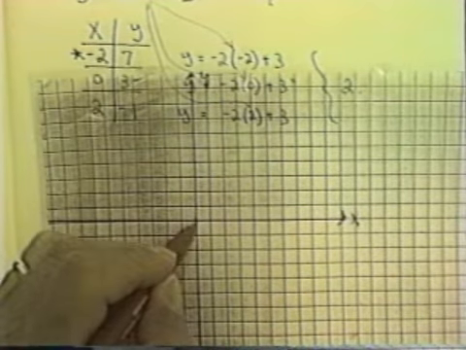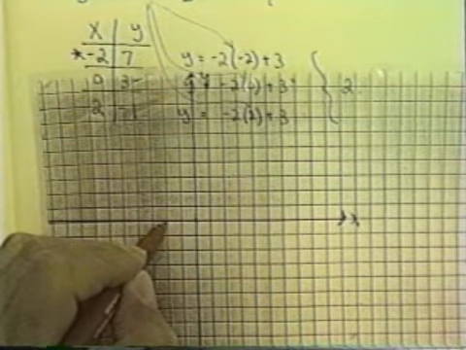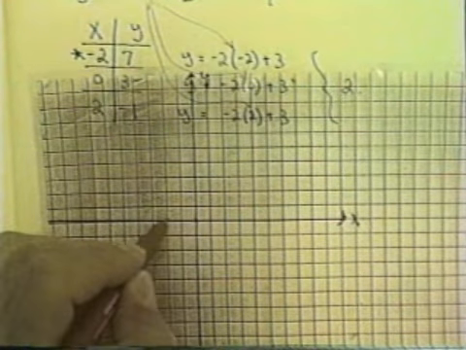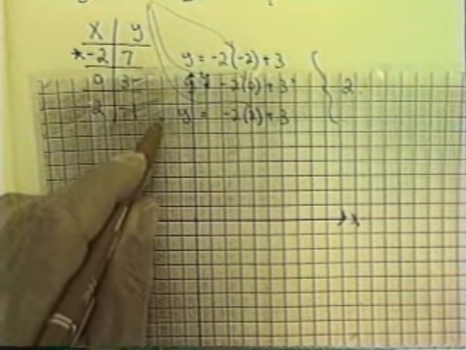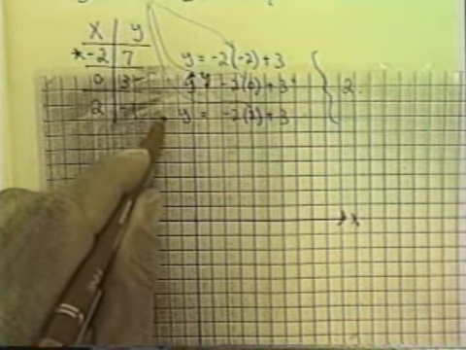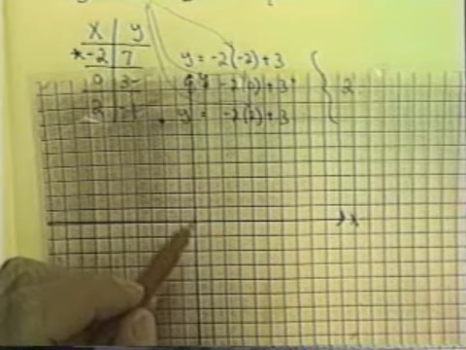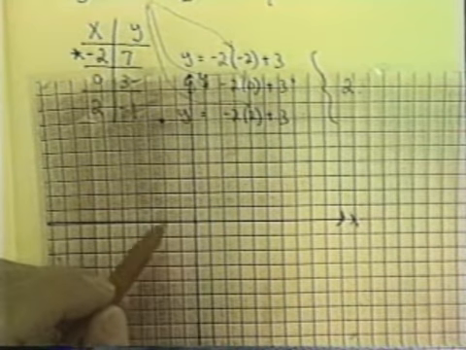To plot negative 2, 7, I need to go 2 places left and 7 up. So I'll go left 2, up 1, 2, 3, 4, 5, 6, and 7. So there's the point, negative 2, 7.